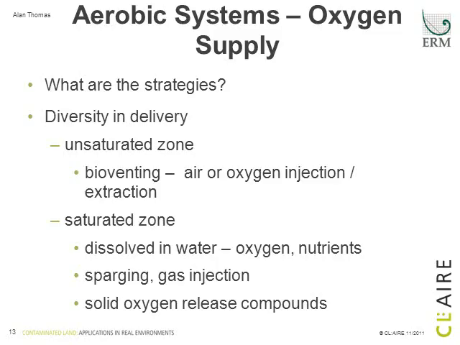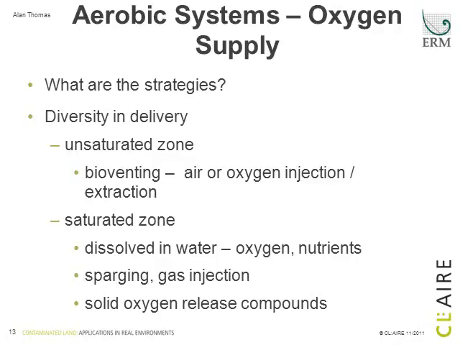So for aerobic systems, usually there are a whole diverse range of strategies for adding oxygen to the subsurface. In the unsaturated zone, we can use technologies like bioventing, which is effectively just the injection of air or oxygen into the subsurface to promote in situ biodegradation.